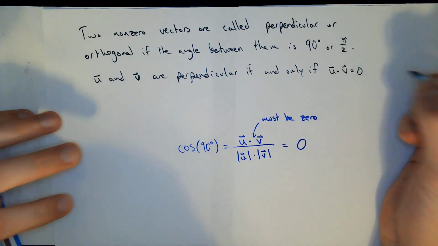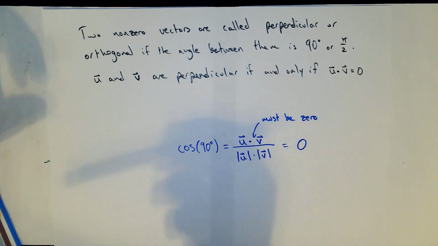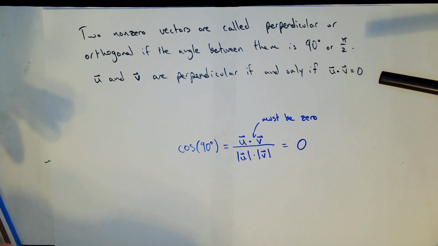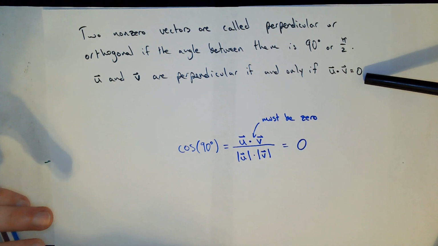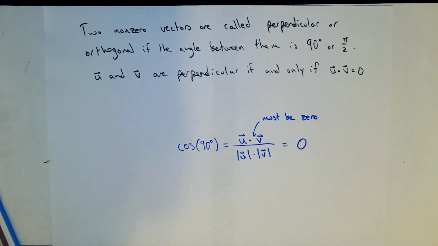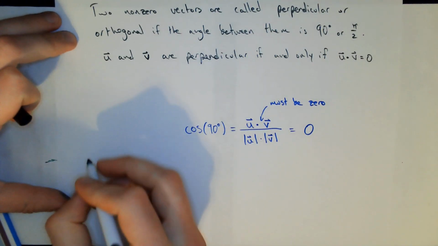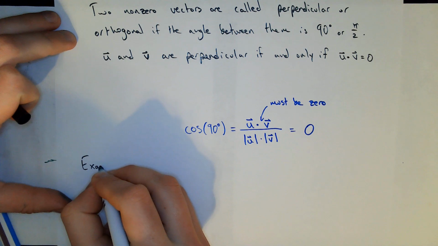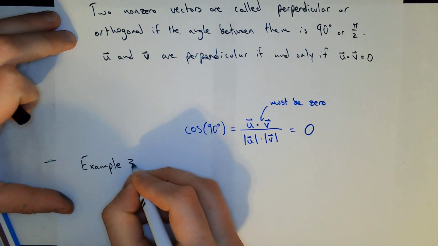And it holds in the opposite direction too. If the dot product between two vectors is 0, then the two vectors are perpendicular, or orthogonal, if you like that better. Okay. That's a very, very useful fact.